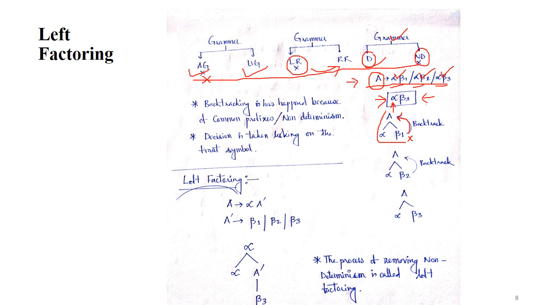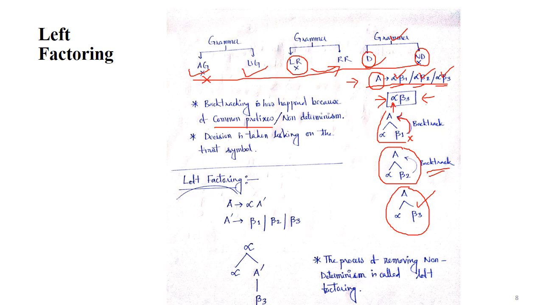Similarly in this second production also same thing will happen. So it needs backtracking, but after trying the third production only, it will be able to generate the required output. So this type of backtracking happens because of the common prefixes, because in the productions and in the input we have some common prefix, that is your alpha.